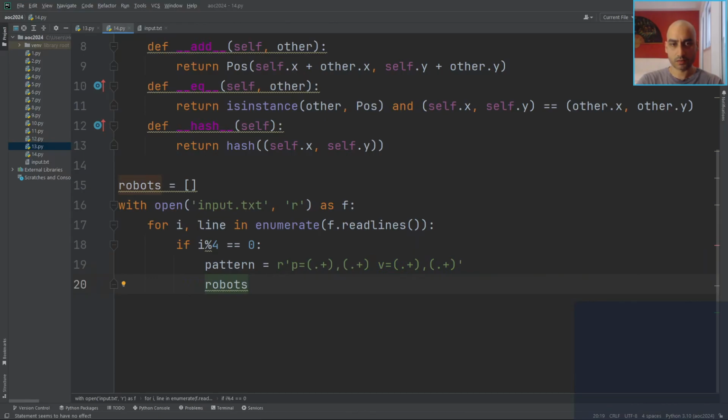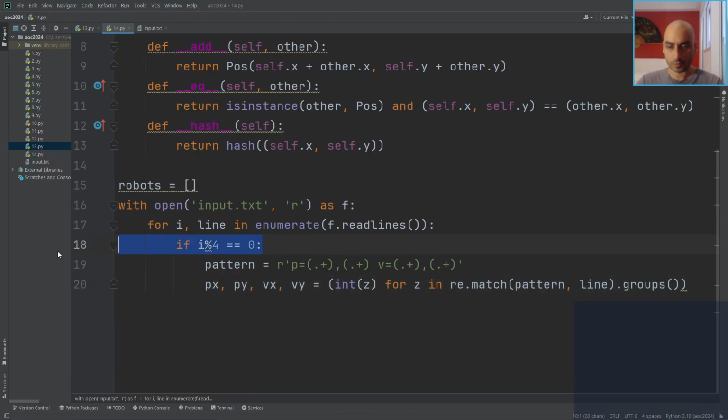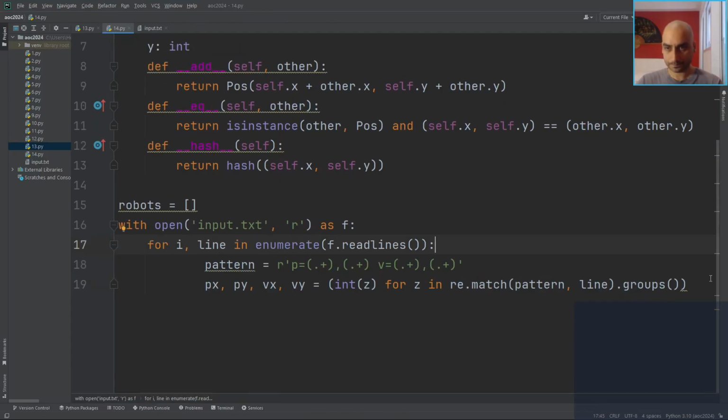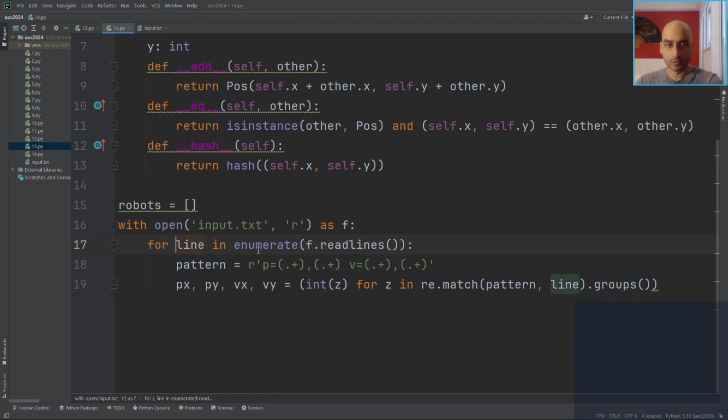Robots. Hang on. So it'll be px, py, vx, vy equals insert z. We don't have that. Line in f.readlines.